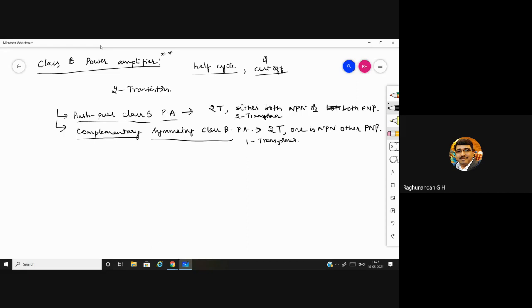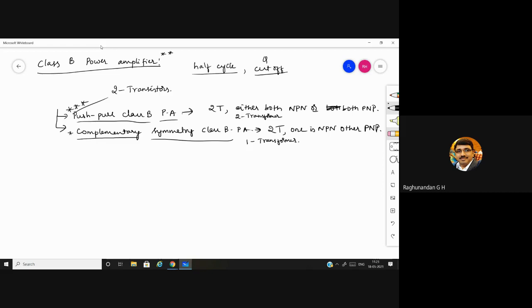So usually in the exams, this question is asked: push-pull class B power amplifier. This is also important, but they regularly ask this question. In push-pull class B power amplifier, we are going to use two transistors and two transformers, and both will be NPN or PNP.